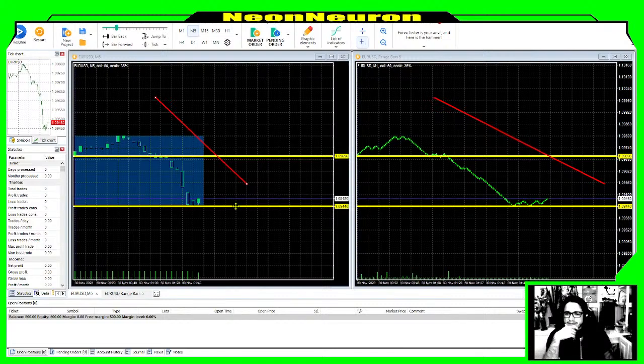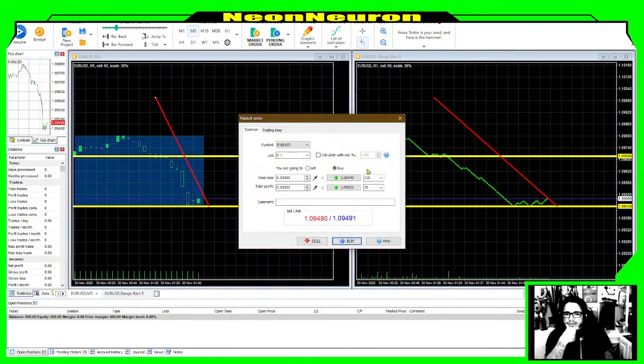So we have price moving down, and we're looking for a place to get in. So we should be selling the green candles. If we see a green candle, we have one here, so we can put an order to sell.